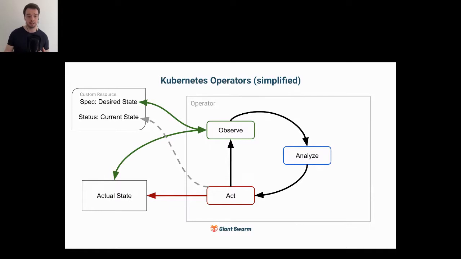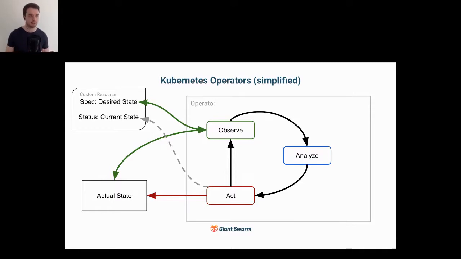Additionally, usually in the same step, the operator writes to the status what the current state is. It's very important to note that the current state is the operator's viewpoint. So the operator, or whoever implemented the operator, will write to the status what at that moment the operator believes to be the current state.